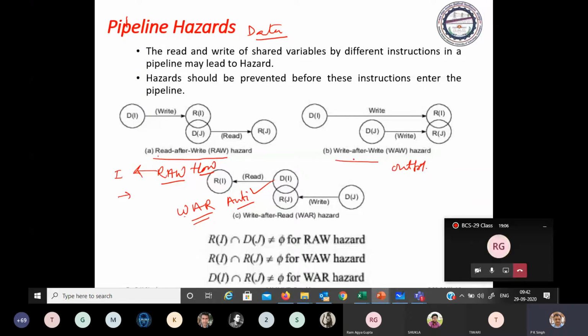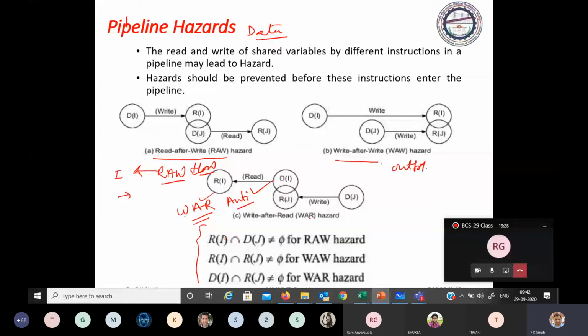Okay, and for parallel execution, you know that none of the dependencies should hold, neither flow dependence, nor anti-dependence, nor output dependence. So the same thing is written here.